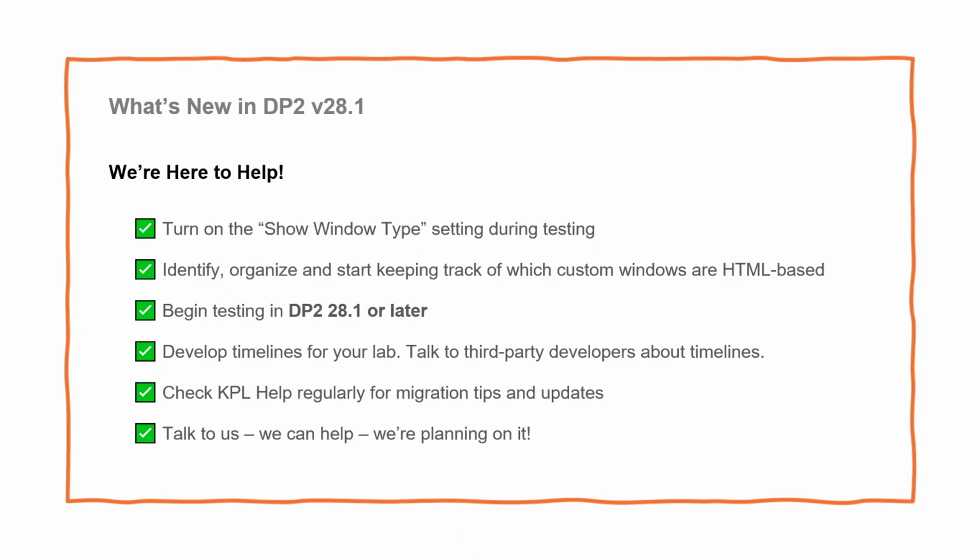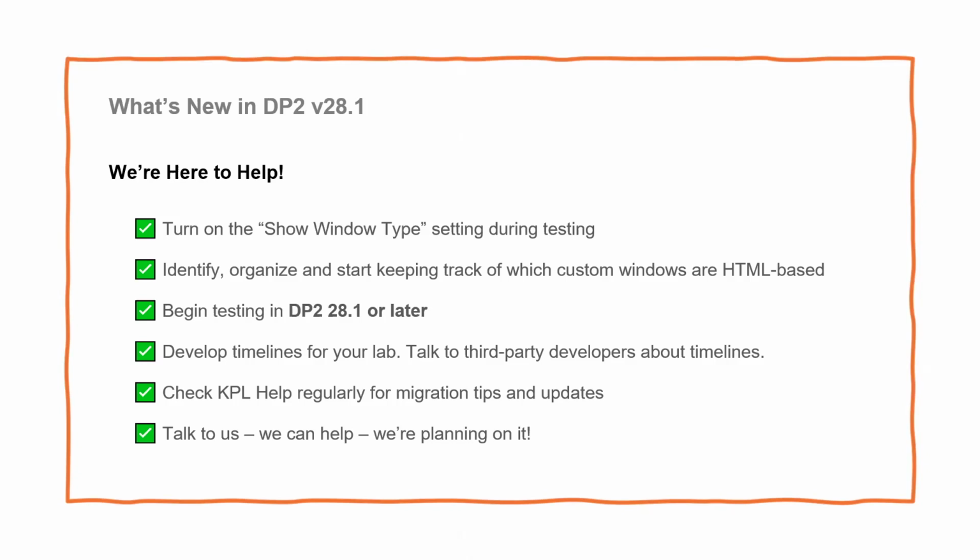And a couple of tips for successful migration, because we're going through the same process, so we're learning a lot about how this is happening, and we'll continue to update you, probably at every webinar going forward, at least between now and 2029. So, checklist: if you decide that you want to participate and get ahead of it, turn on the show window type setting during testing.